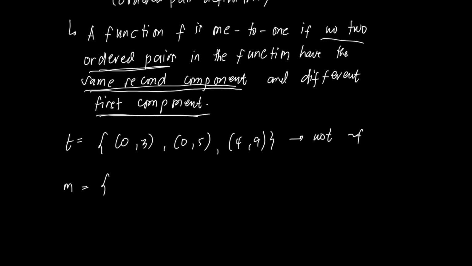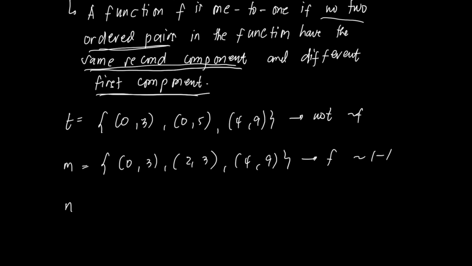Suppose we have another set M, which is a set of ordered pairs (0, 3), (2, 3), and (4, 9). This is a function but not one-to-one. Why? Because 0 is mapped to 3 and 2 is also mapped to 3. Okay, this is many to 1.